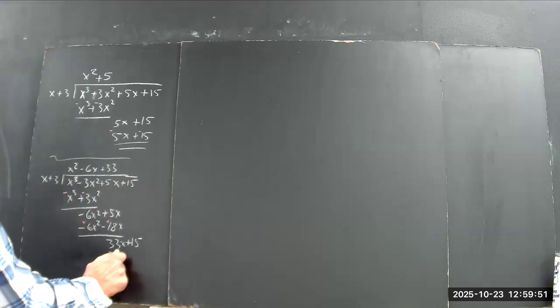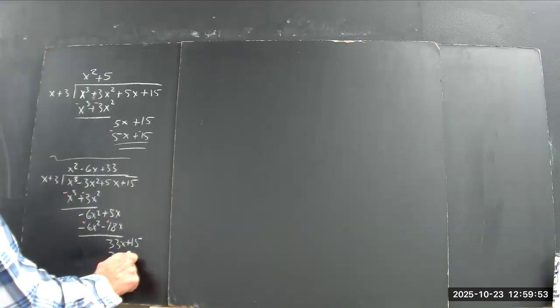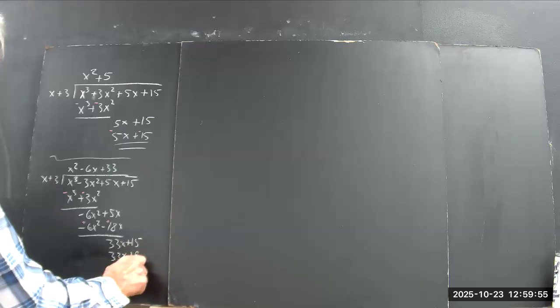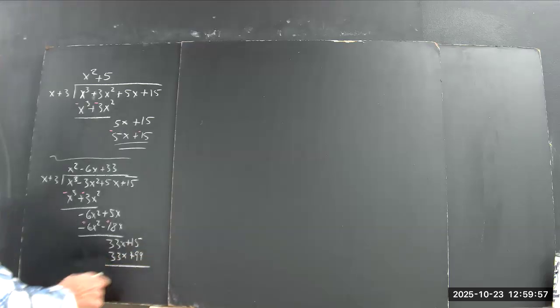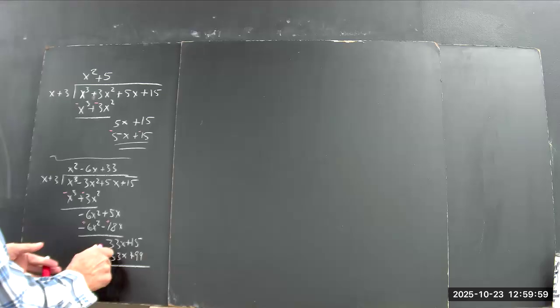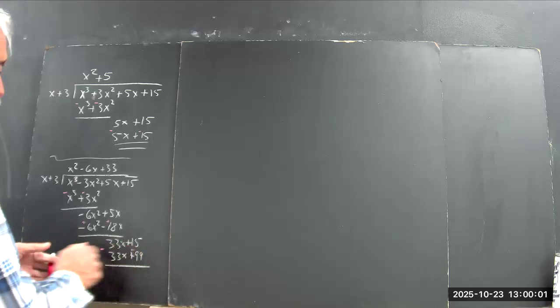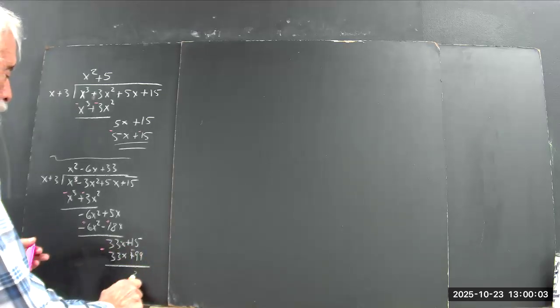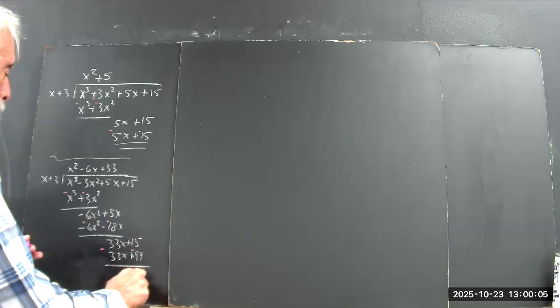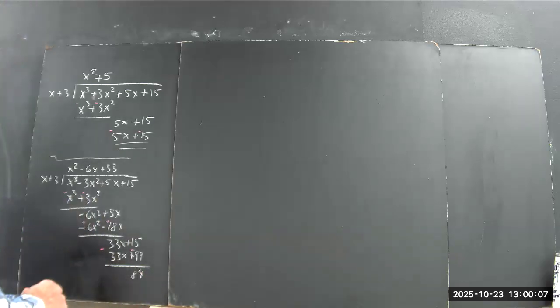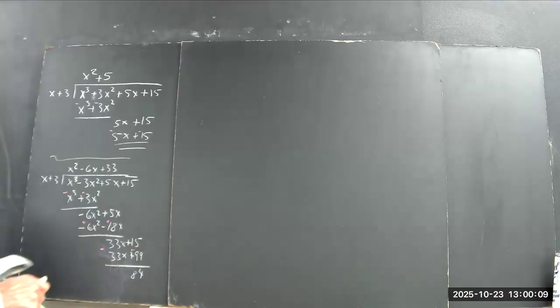33 times x gives us 33x plus 99. Okay, well, we put our minuses on here, and 15 minus 99 is 84. So the remainder is 84.